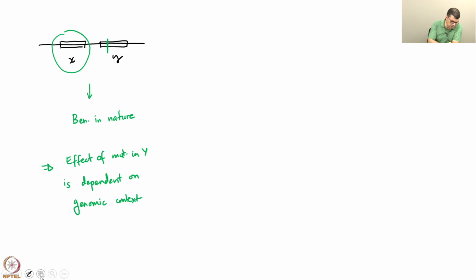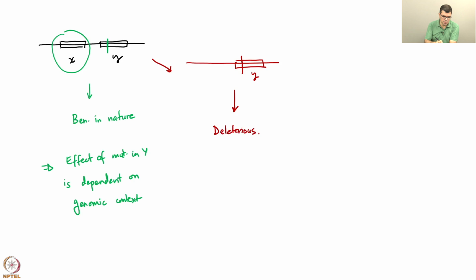Because it is possible that if the same mutation had happened in an organism whose genome was like this, there was no X, the gene X was lost by this species and there was only gene Y, and the same mutation happened here, in this case this mutation is deleterious. So, the effect of the same mutation is dependent on the genomic context.